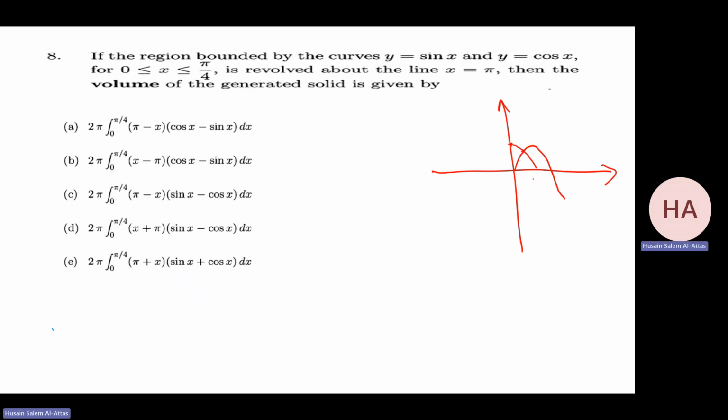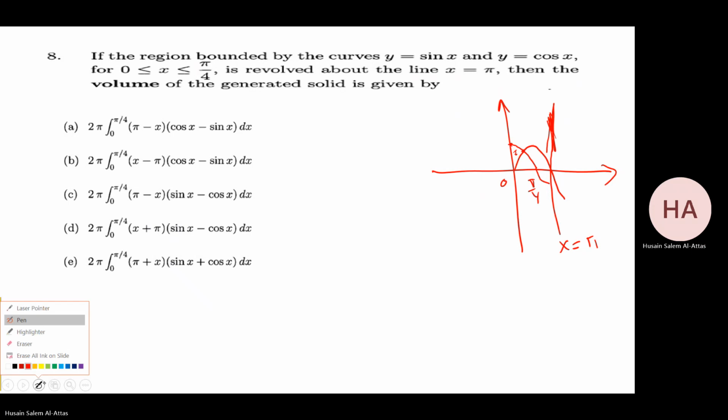This is pi over 4, and this is 0. Yeah, I don't care about the rest. Only I'm talking about this region, and revolved about the line x equal pi, which is this line. Don't forget, I'm talking about only this region.